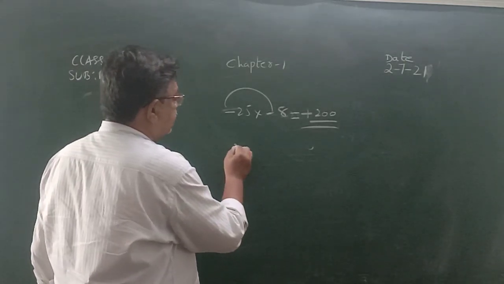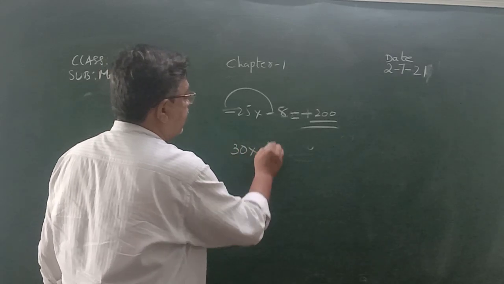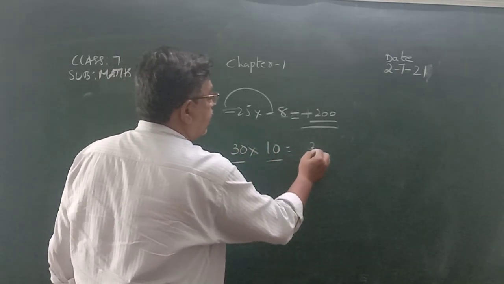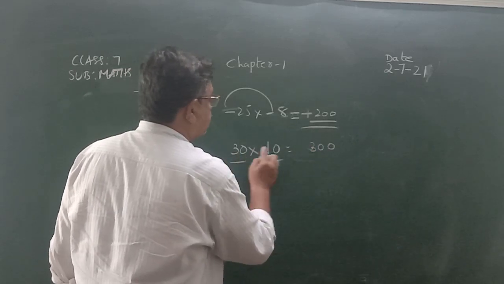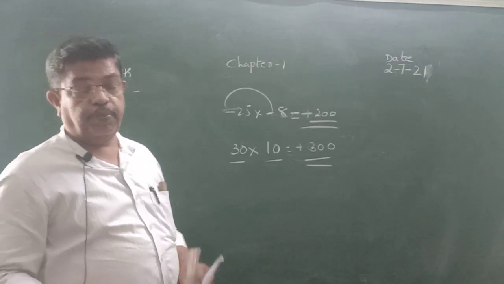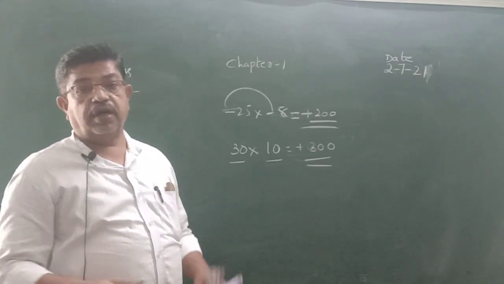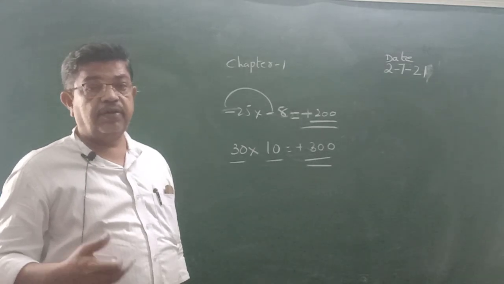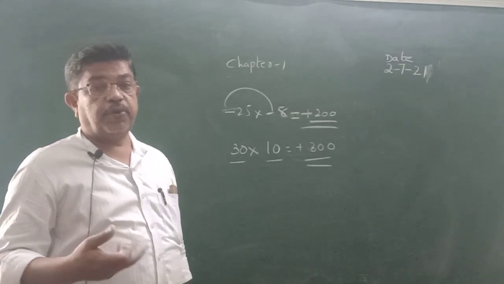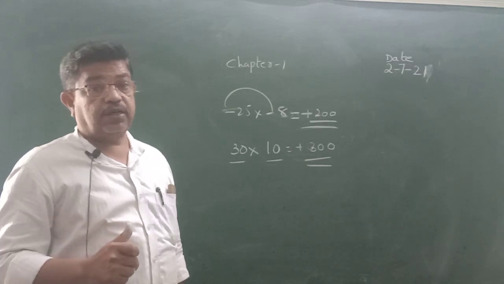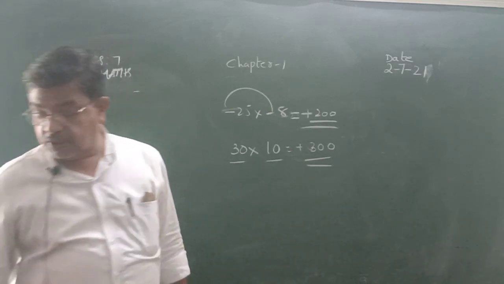Take two positive integers, for example 30 into 10. 30 is positive, 10 is positive, 30 into 10 is 300, plus into plus is plus. So you get the positive sign if both are negative integers or both are positive integers. If one is negative and the other is positive, the product is negative. If both the integers are negative or both the integers are positive, the product is positive.